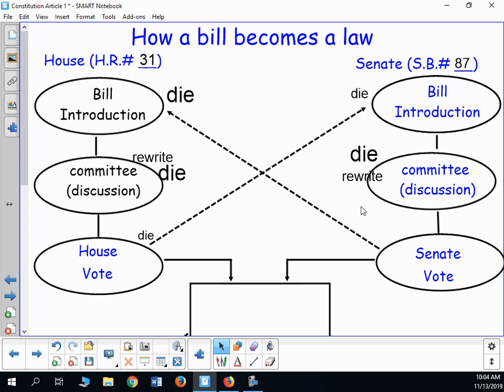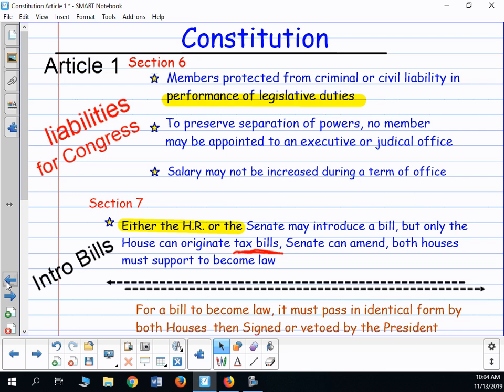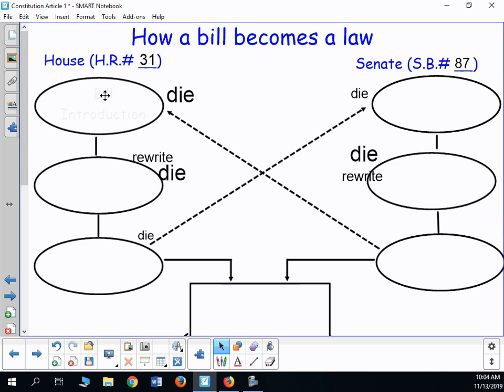Now, here's the problem. Are these two bills the same? If they've rewritten it, and in most cases they do, then it is not identical. And remember, for a bill to become a law, it must pass in identical form. Well, it is no longer identical.